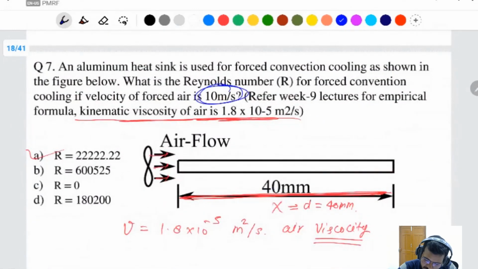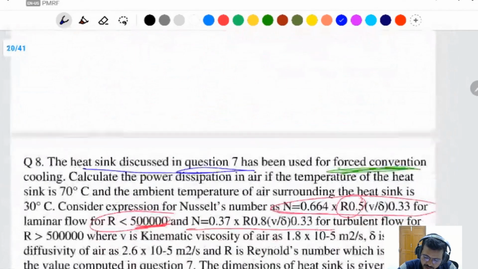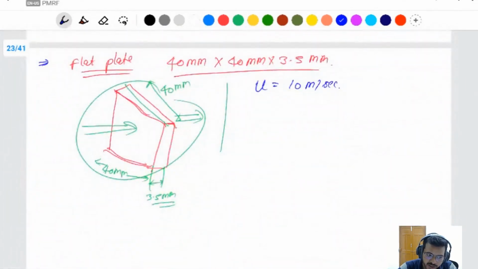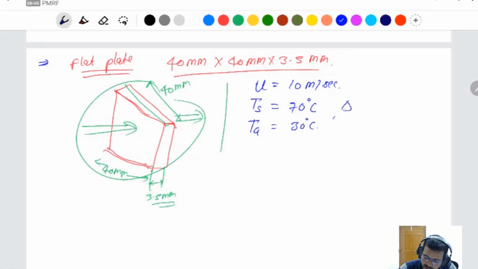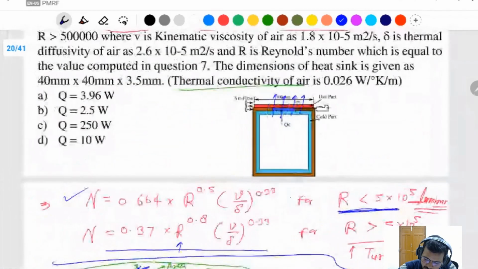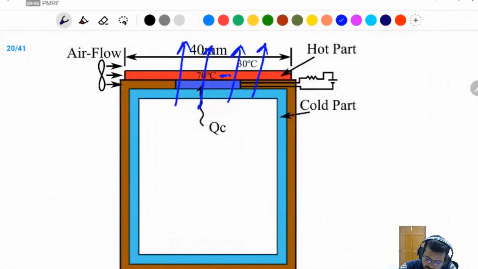Yes, 10 meter per second. This is related to question number 7 also, that's why you can take 10 meter per second. Surface temperature is given as 70 degrees centigrade. Ambient temperature is given as 30 degrees centigrade. And what is the delta T? Delta T is 40 degrees centigrade.